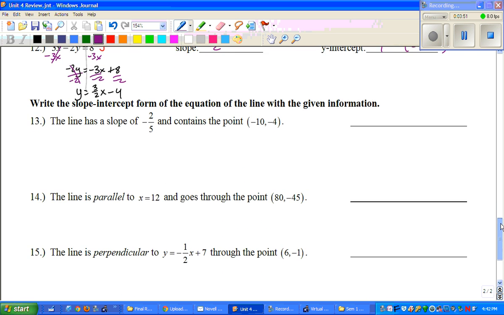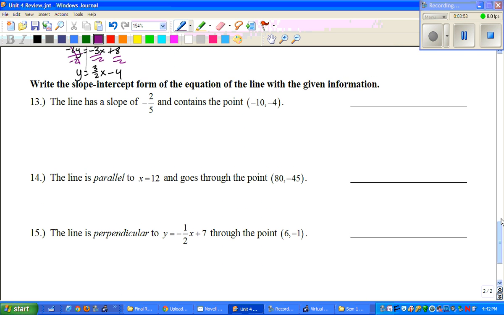All right, number 13. Just write the slope-intercept form of the equation of the line with the given information. Okay, so we need to know y equals mx plus b for this. But all it tells us is the slope and a point. Man, I wish there was a formula that could help us out.